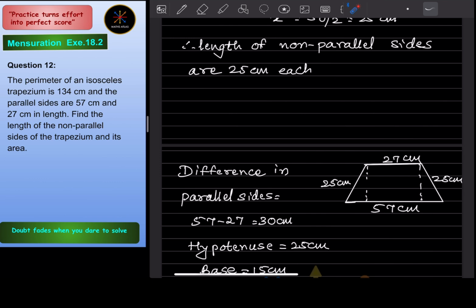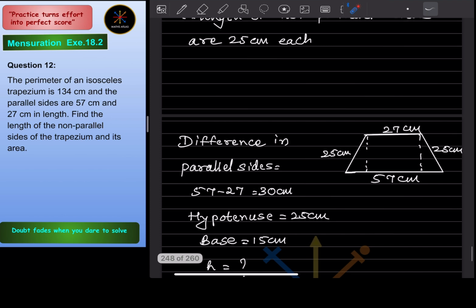And they have also asked for the area. So now we'll see, this is the rough diagram for it. This is 27 and this is 57. And the non-parallel sides we got are 25 and 25 centimeter. So now we will see the difference in the parallel sides. 57 minus 27 is going to be 30.